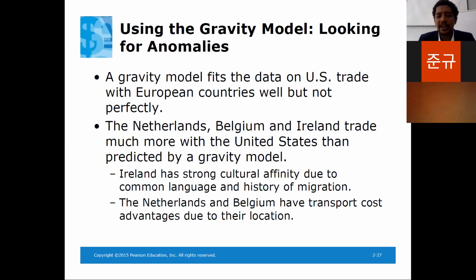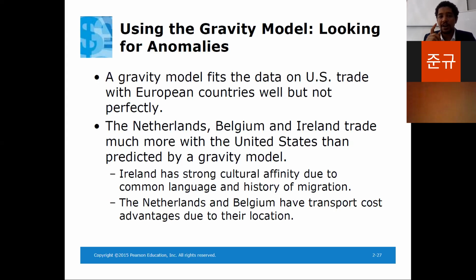The other is that the Netherlands and Belgium have a transport cost advantage due to their location. It's not about culture or the size of the economy, but because the Netherlands and Belgium are close to the US, or it's easy to export to these two countries because of transportation cost, the trade volume between these countries is bigger, okay?